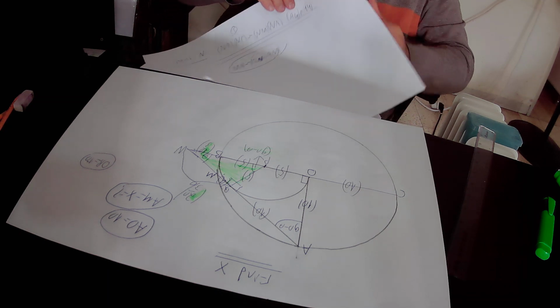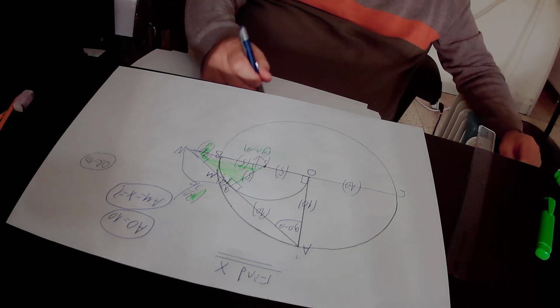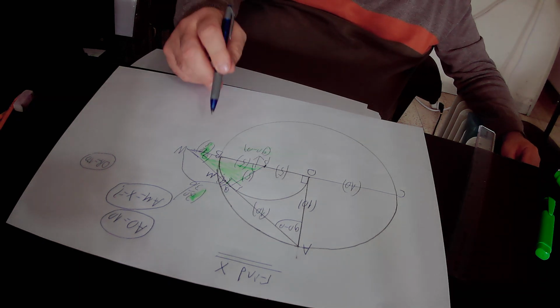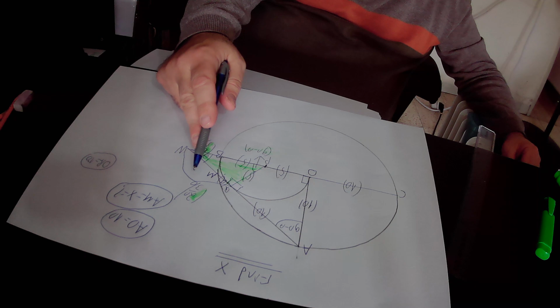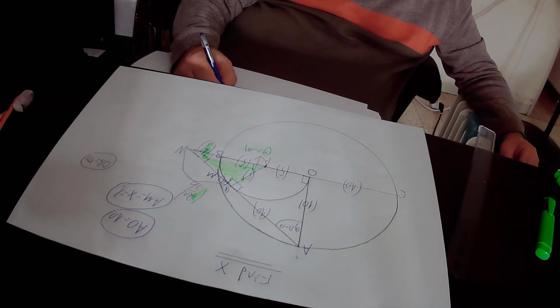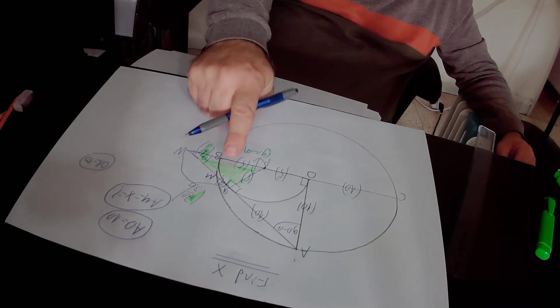So MN equals QN, where QN equals 20 over 3 according to what we already found out, minus QM, where QM equals A according to our definition.